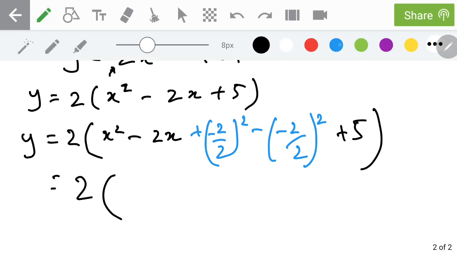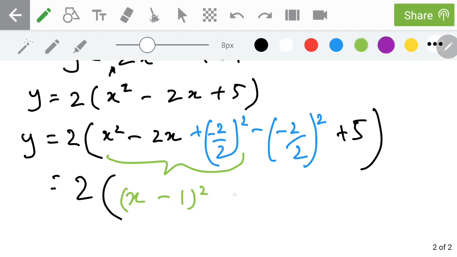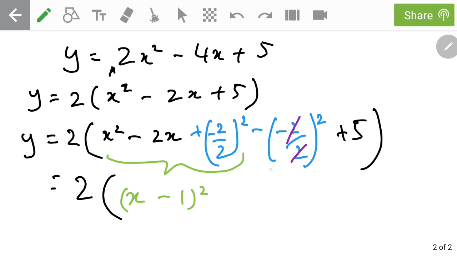All right, this one you just factorize: x minus 1 squared, and then in purple for this one, minus 1, since negative 1 squared is 1, so minus 1 plus 5 over 2.